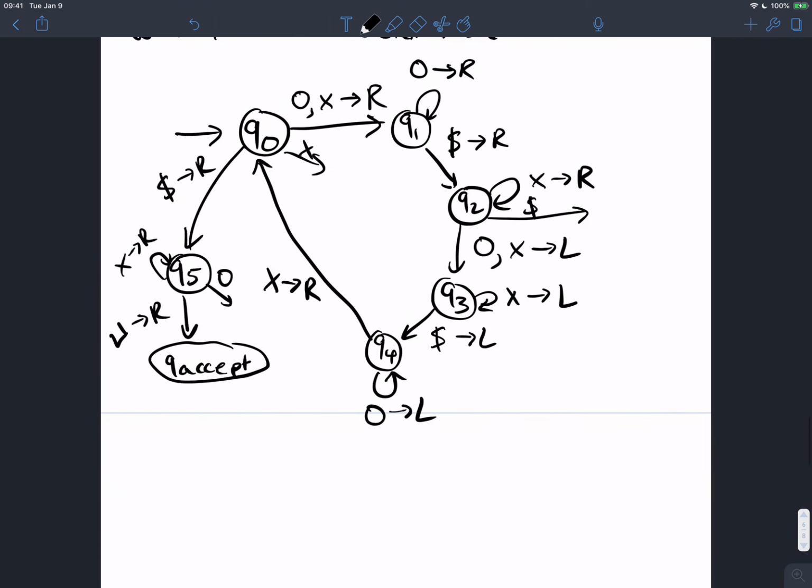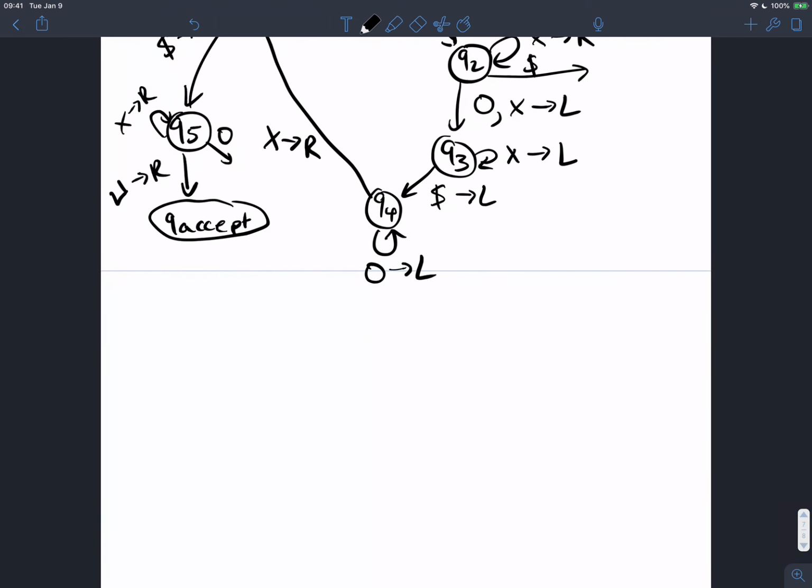A common way to handle this is to say unwritten transitions go to a special state for handling the no case instead of the yes case, called Q reject, which is a state.